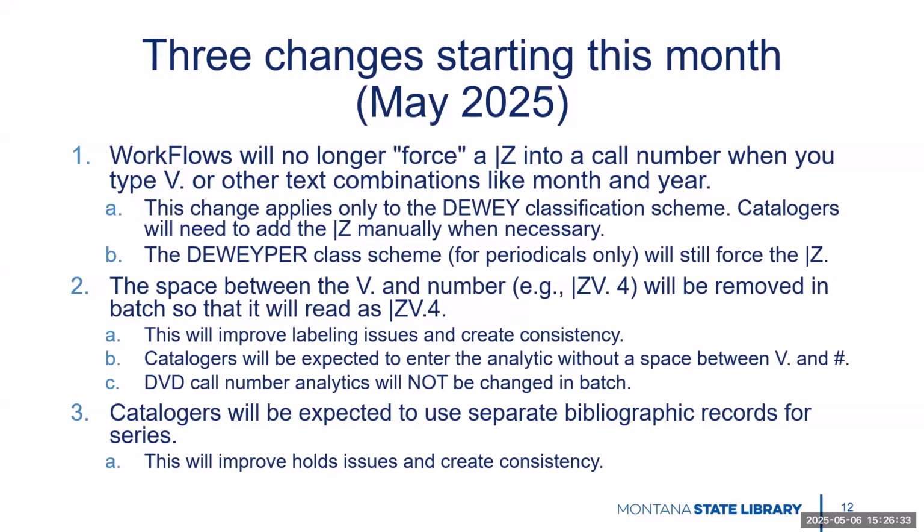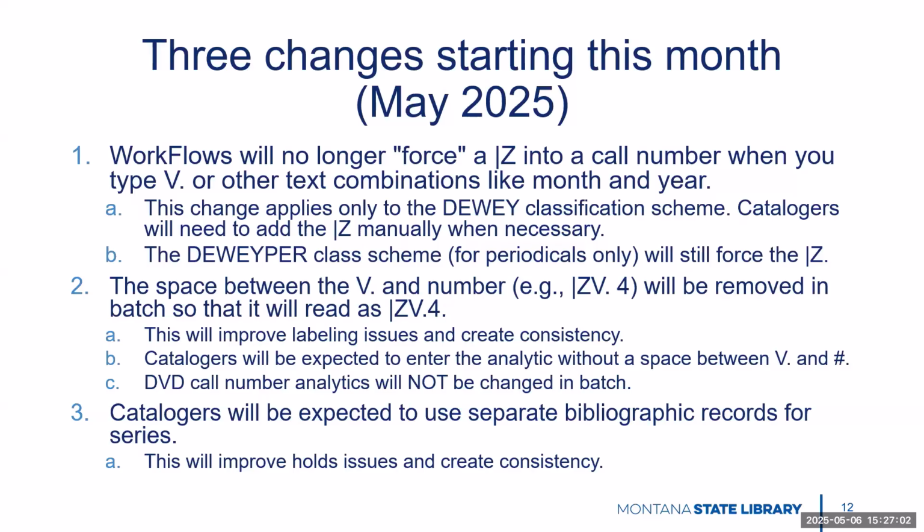And that's relevant for those of you who are cataloging your periodicals or your magazines and rely on that forced call number analytic. This change, just so we're aware, applies only to the Dewey classification scheme. Catalogers will need to add the bar Z manually when necessary for those that are using the Dewey classification scheme.